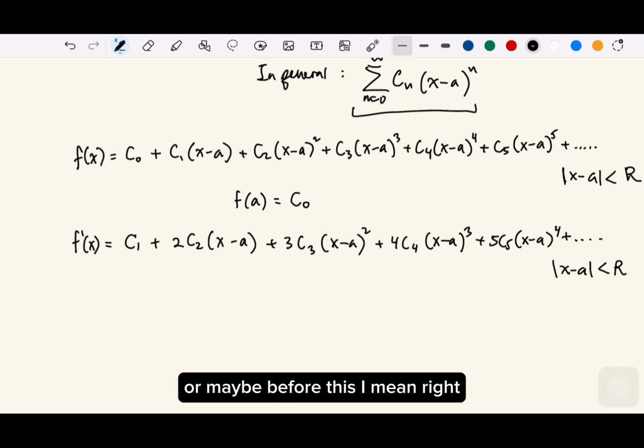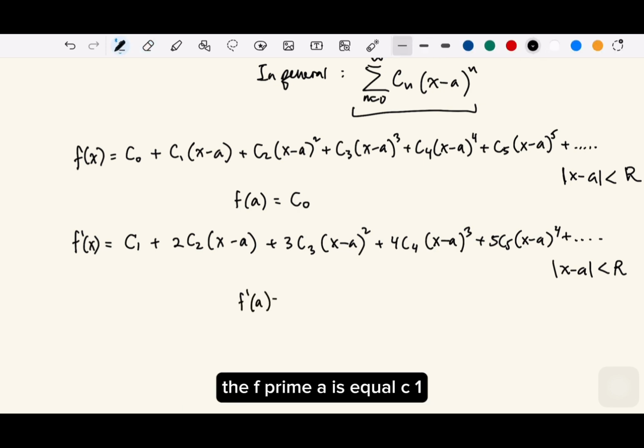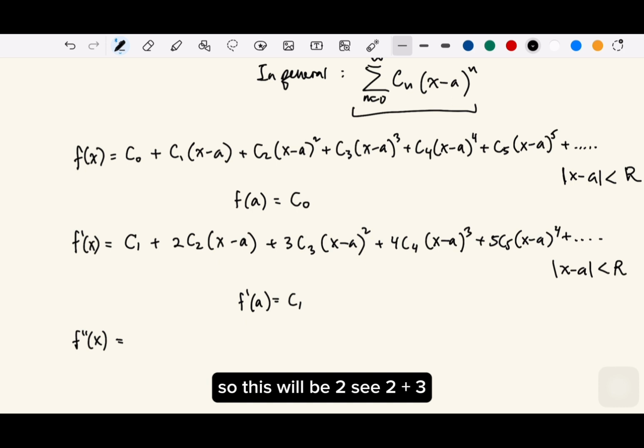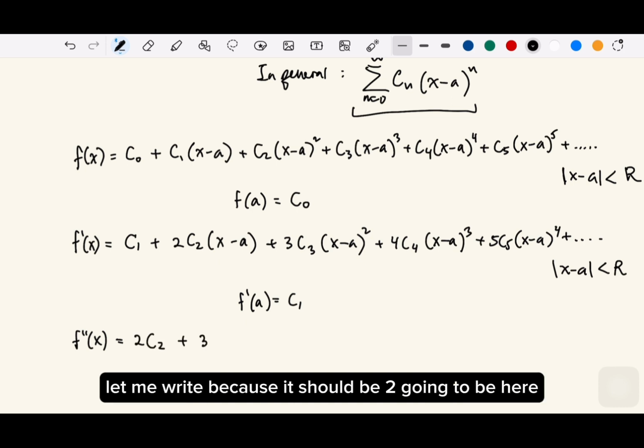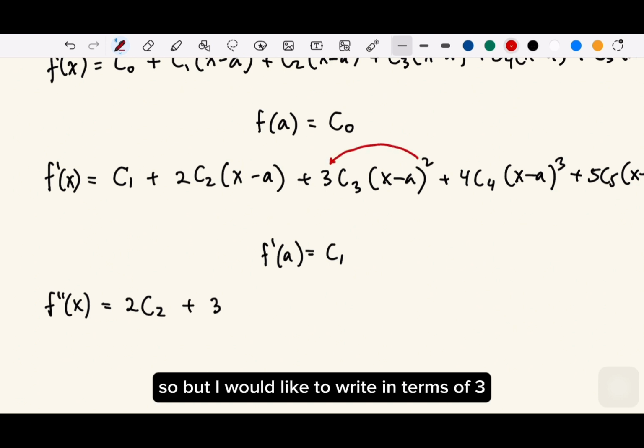Oh, maybe before this, let me write f prime of a is equal to c1, and then we differentiate again, the second derivative now. So this will be 2c2 plus 3, let me write, because it should be 2 going to be here, right? So it should be 6, but I would like to write it in terms of 3 multiplied by 2.